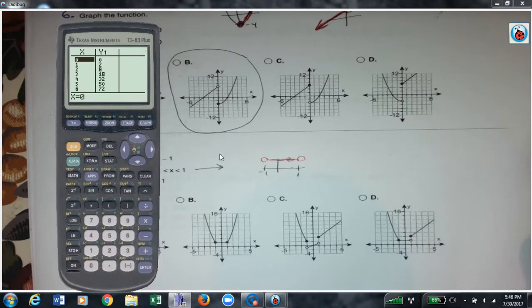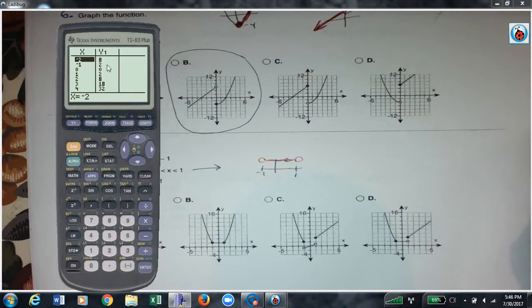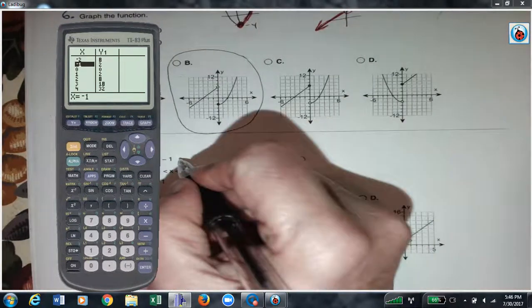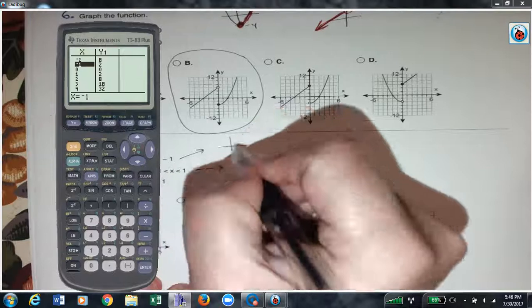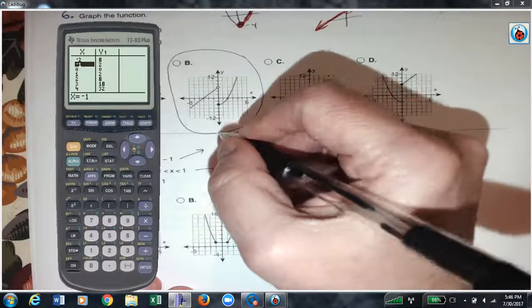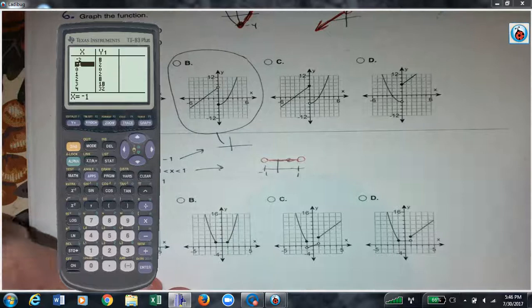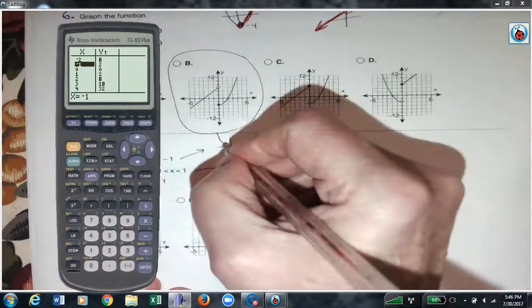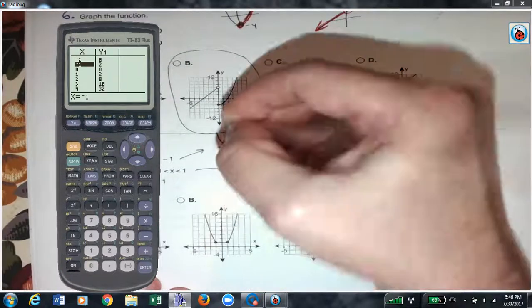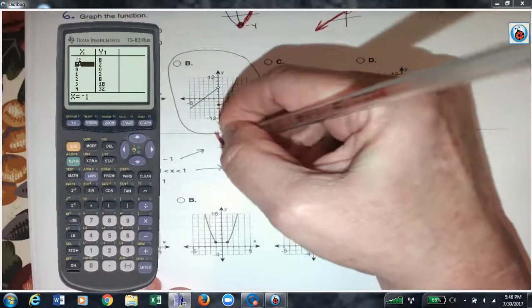Second graph. And see, these are telling me what points I have. And I've got the point -1, 2 is on the graph. So this is the part of the graph that we want.